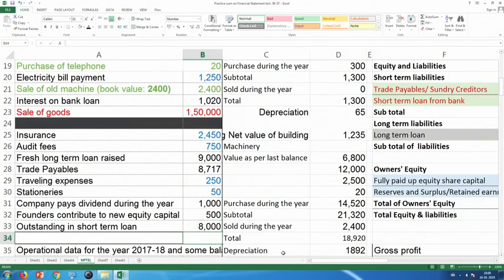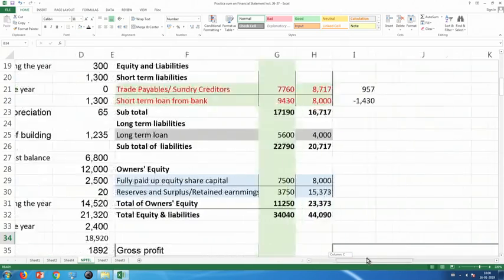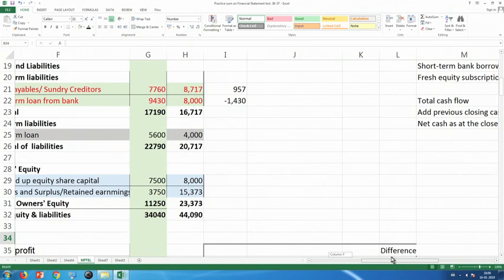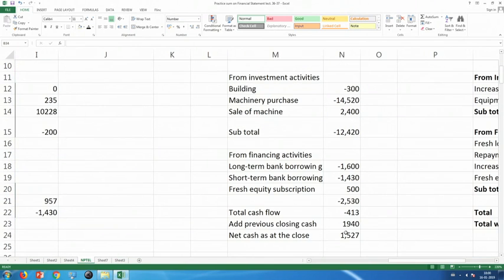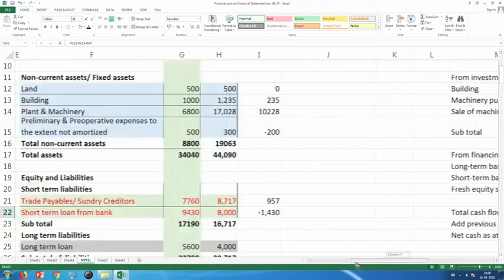If we put 8,000 rupees here, then everything changes actually. Then your cash position will be positive, because now previous year's cash balance was 1990 and short term borrowing has gone down only by 1430. So, total becomes only minus 2530, and in the process total cash flow becomes only negative 413. It is kind of tenable still. So, net cash close balance is 1527.